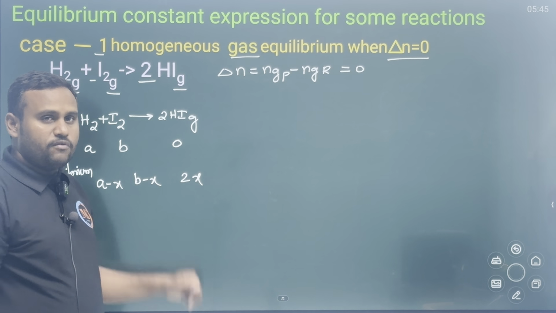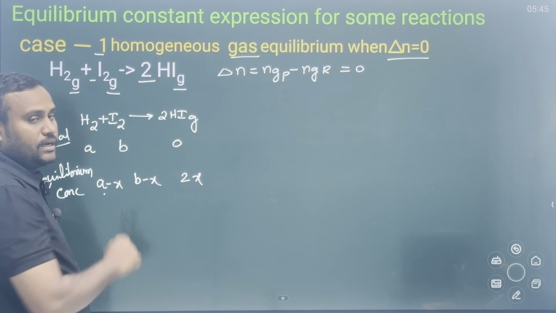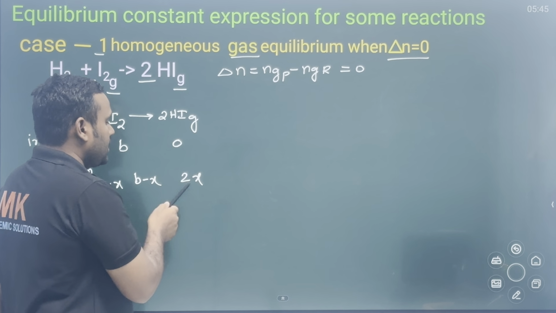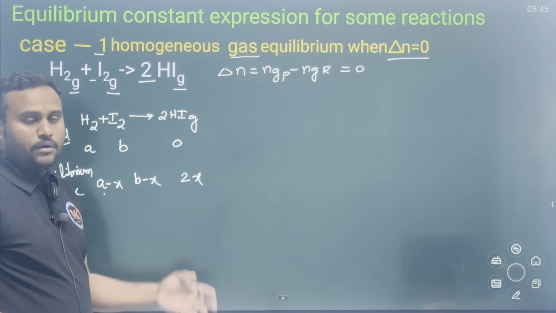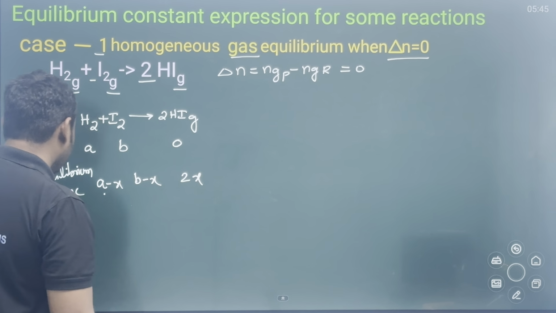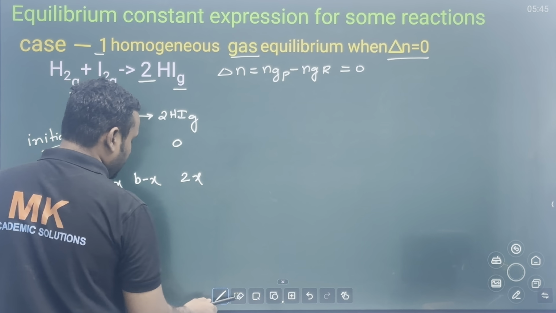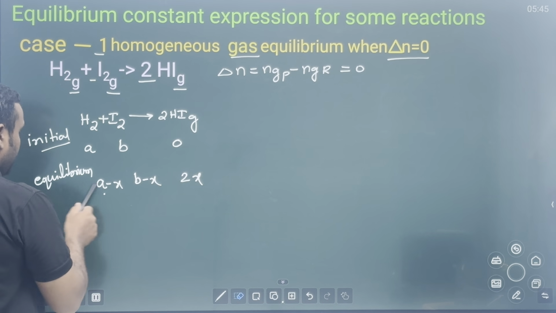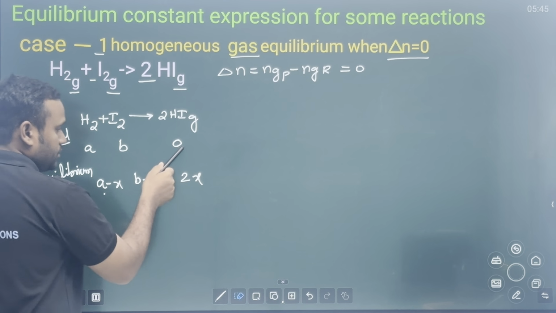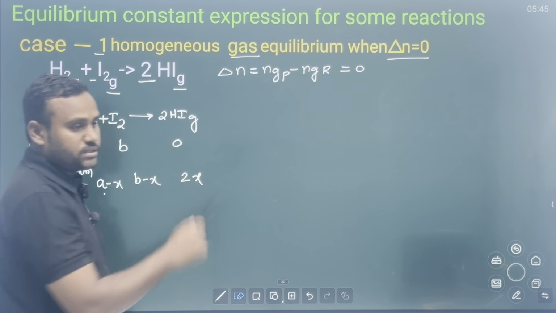These are the number of moles of H2 gas, I2 gas and HI gas at equilibrium. Initially it is a moles, b moles and 0 moles; at equilibrium it is a minus x moles, b minus x moles, and 2x moles.